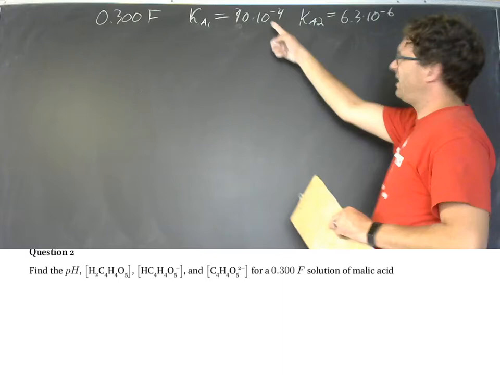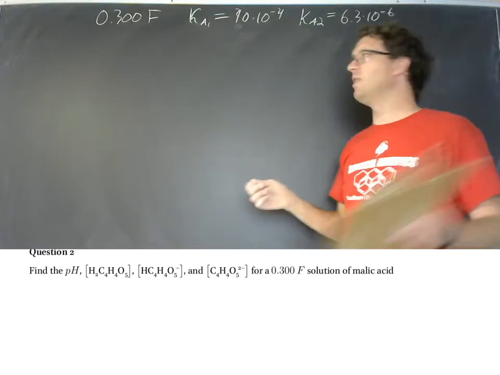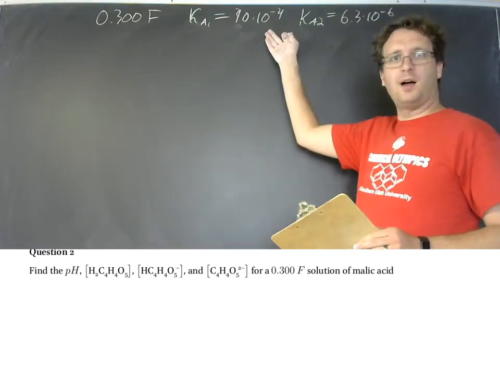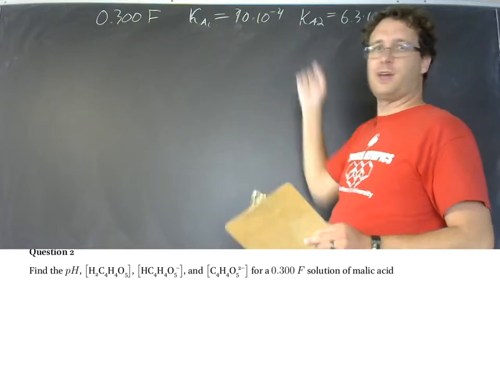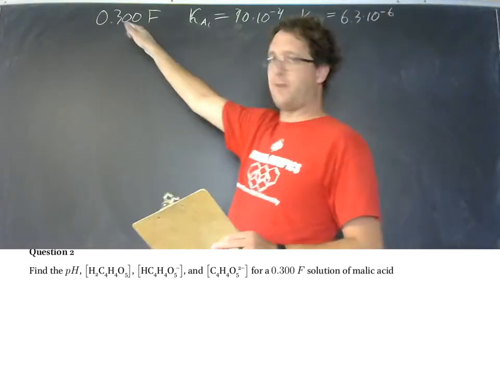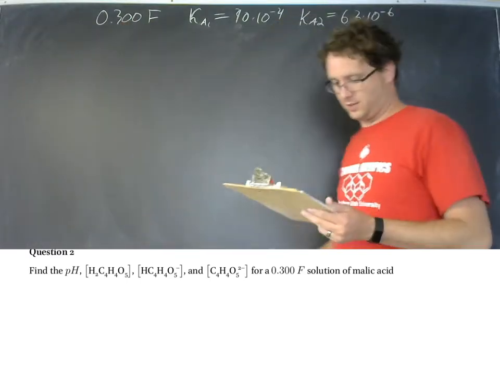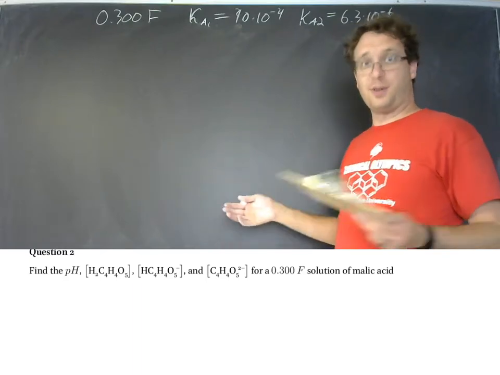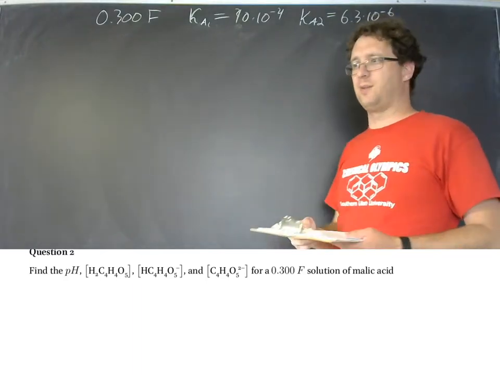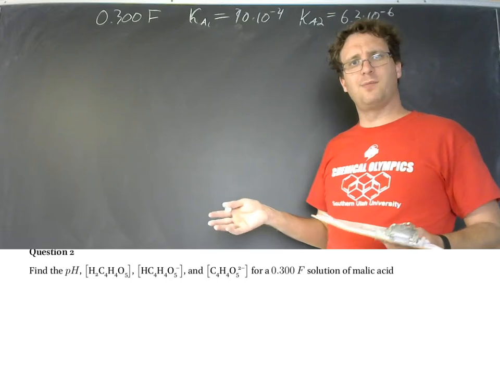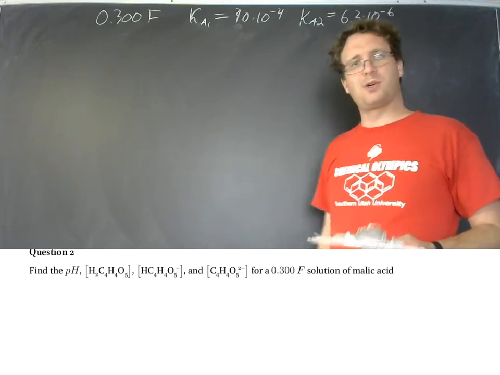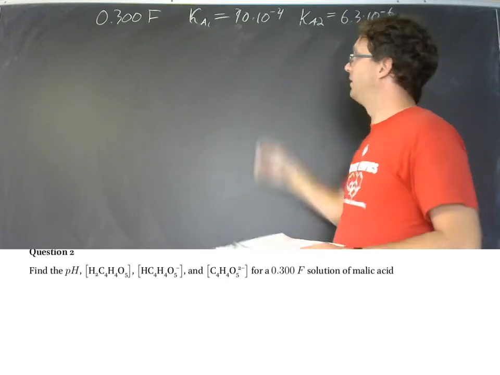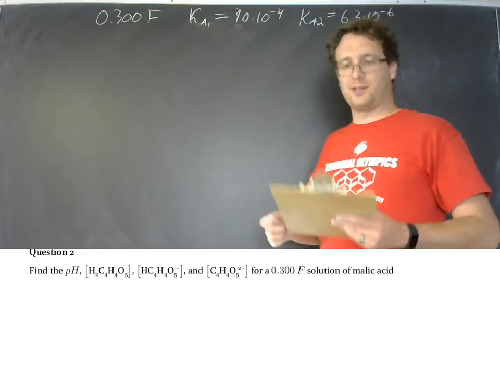So again, 10 to the negative fourth, well, luckily this time it's a little bit less than halfway to 10 to the negative third. We have a little bit higher of a concentration, so I think we'll be okay not using the quadratic formula this time. Especially considering last time, with only 2 sig figs, we probably could have gotten away with it. And all the conditions here are slightly improved from there.